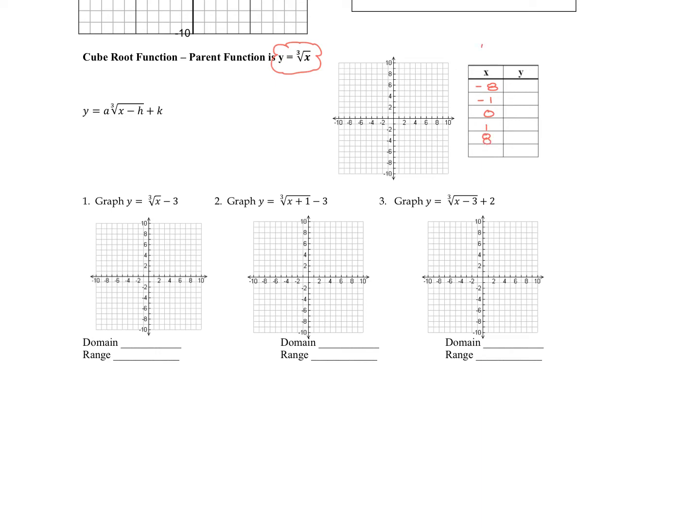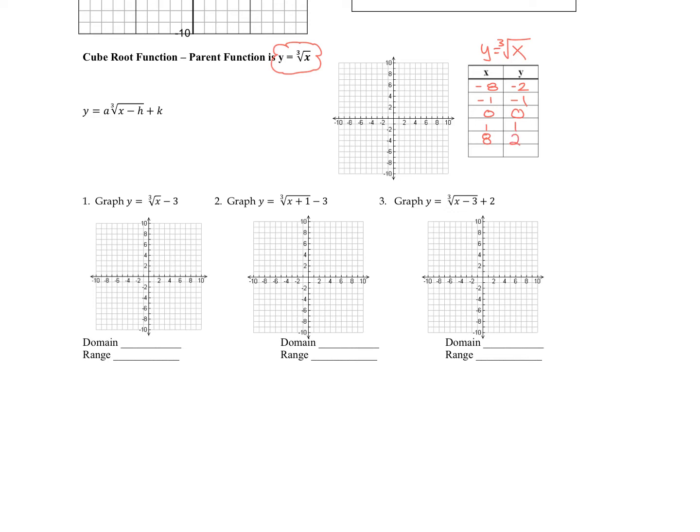And remember, you're plugging it into the equation y equals the cubed root of x. So if we do the cubed root of -8, we'll get a -2 for my y value. If I do the cubed root of -1, I will get a -1. If I do the cubed root of 0, the cubed root of 0 is 0. 0 times itself 3 times is 0. The cubed root of 1 is 1, and the cubed root of 8 is 2.